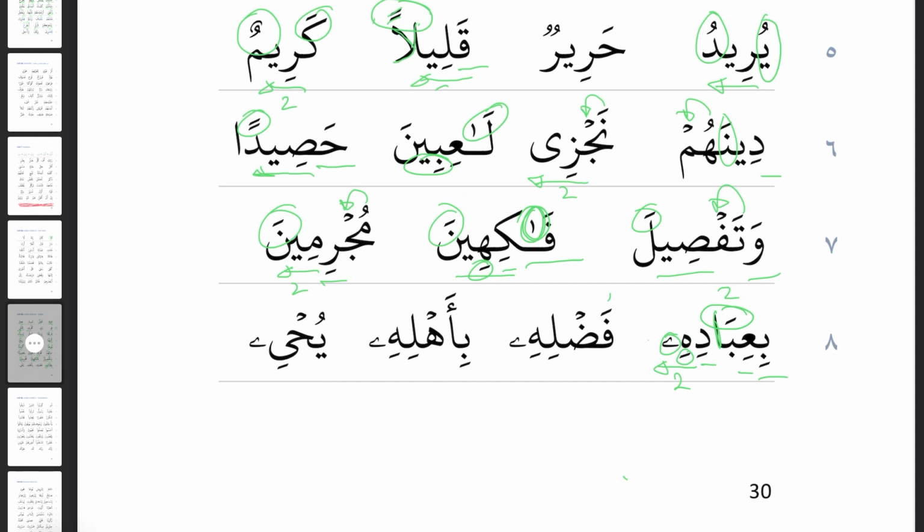Then we've got a fa joining to a ba. Now this is a challenge and a half. Fab, when it has a sukoon, wow. It is one of the, I'd say it's the king of all the Arabic letters, because it's difficult to reach in the sense of it's the back of your tongue gently pressing against the roof of your mouth.